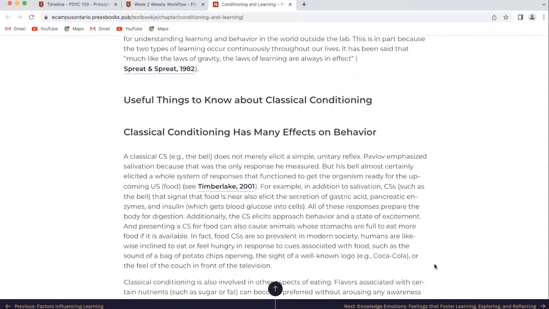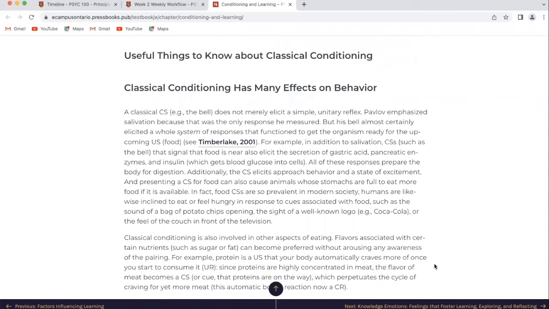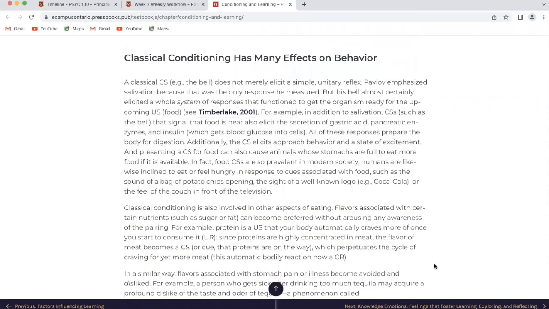Useful things to know about classical conditioning. Classical conditioning has many effects on behavior. A classical CS does not merely elicit a simple unitary reflex. Pavlov emphasized salivating because that was the only response he measured. But his bell almost certainly elicited a whole system of responses that functioned to get the organisms ready for the upcoming US, the food.